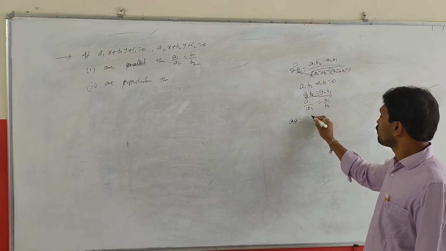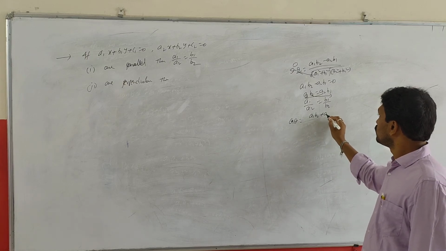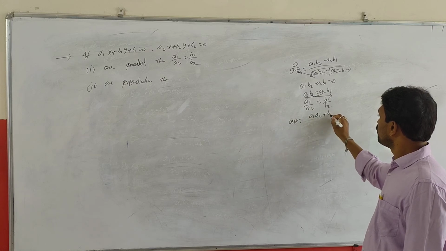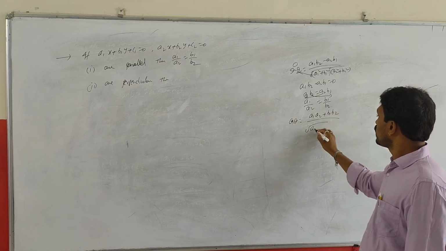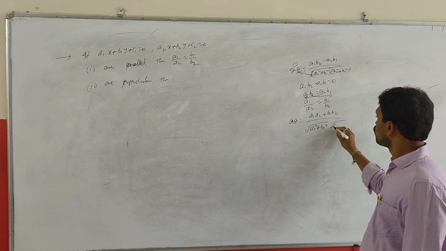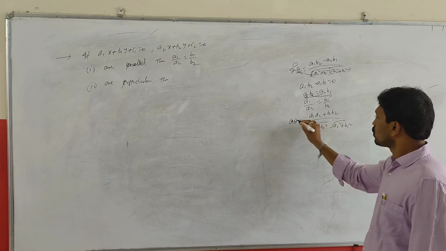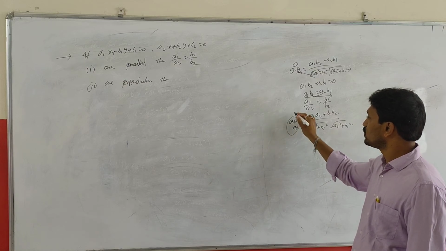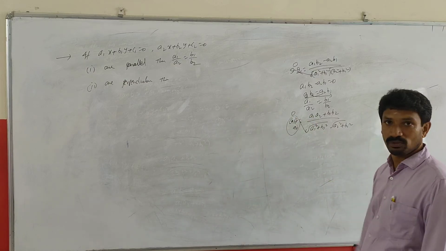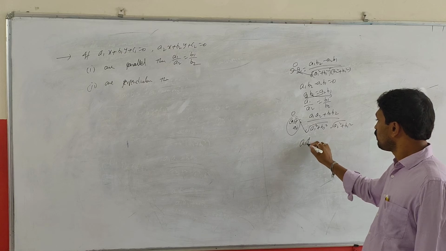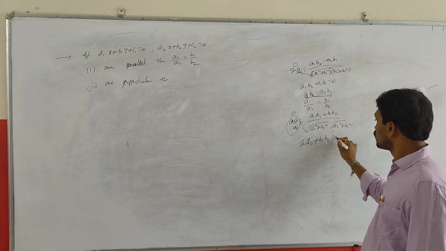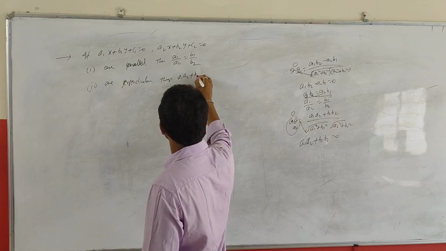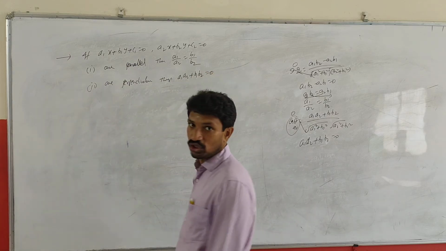So what is the cos theta formula? a1 a2 plus b1 b2 by root over (a1 square plus b1 square) into root over (a2 square plus b2 square). Perpendicular means theta is equal to 90 degrees, and cos 90 is 0. By cross multiplication, this becomes 0. Then we can say a1 a2 plus b1 b2 is equal to 0.